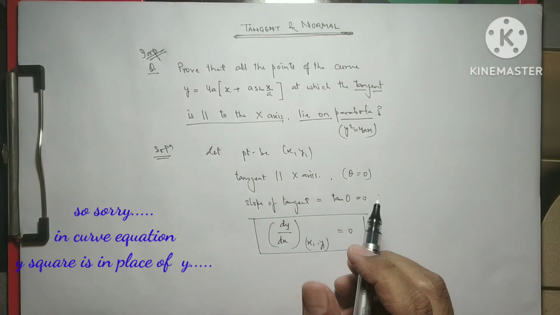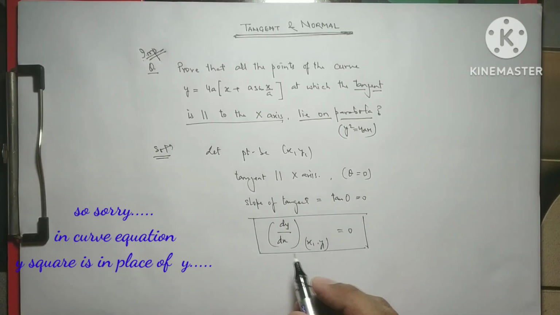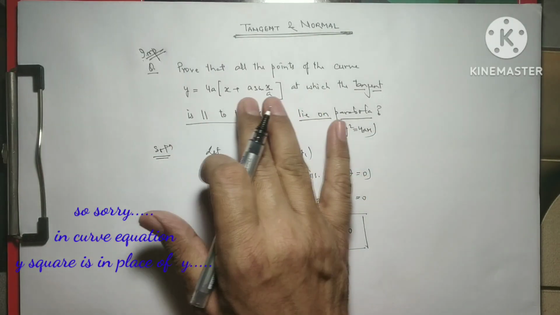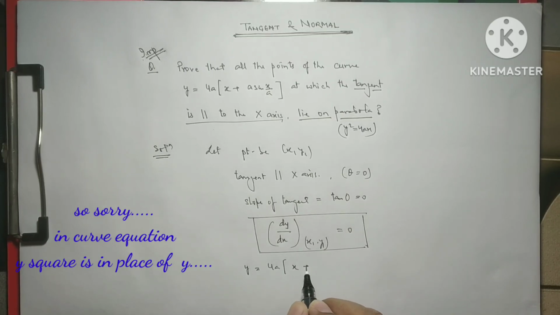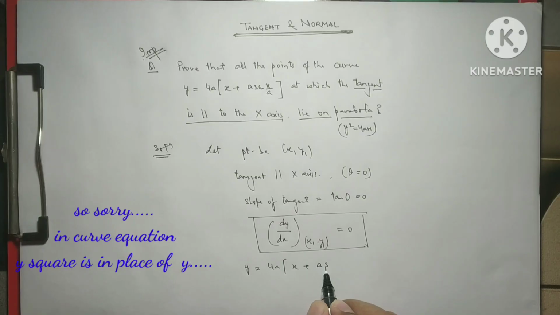For this we have to find dy over dx, and we have the function. So we differentiate it. y equals 4a x plus a into sin x over a.